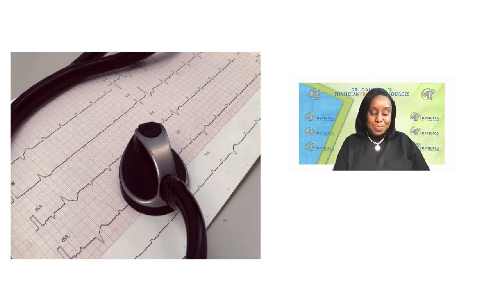Page 43. Prolonged services with or without direct patient contact on the date of an office or other outpatient services. So now you see why we couldn't use those first codes with the office visits, because we have this code here, 99417. But 99417 has specific requirements that have to be met.